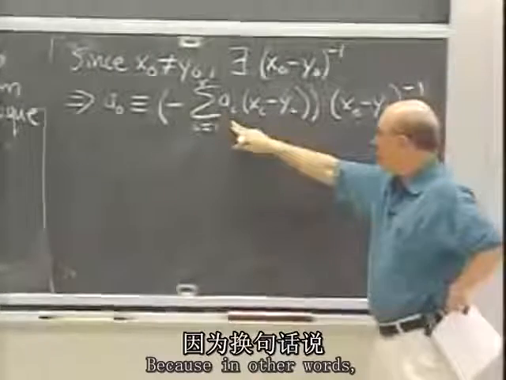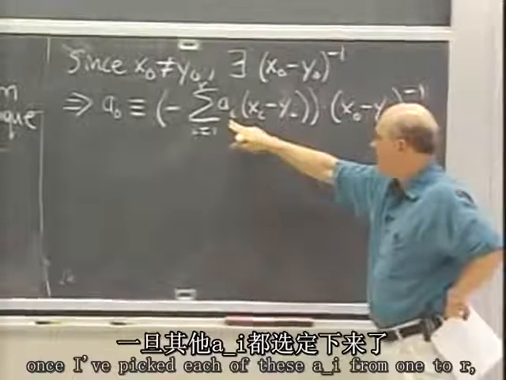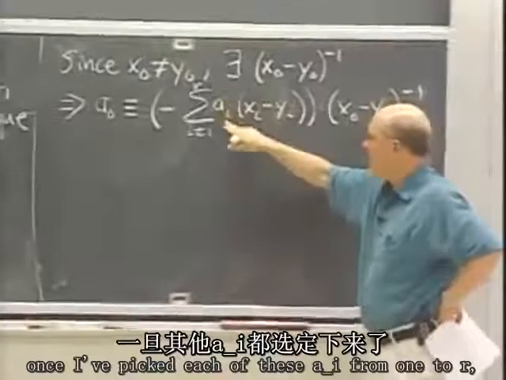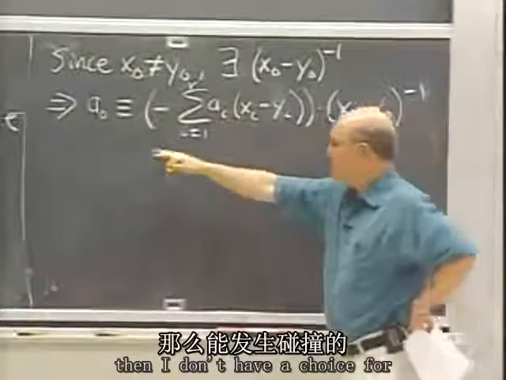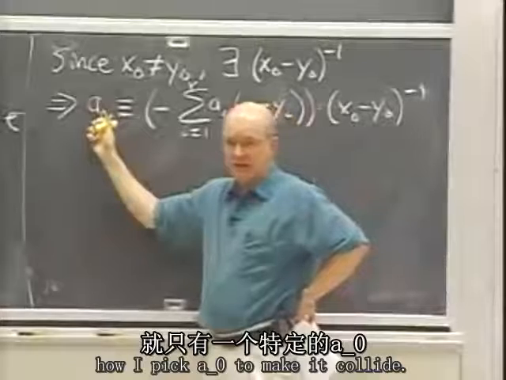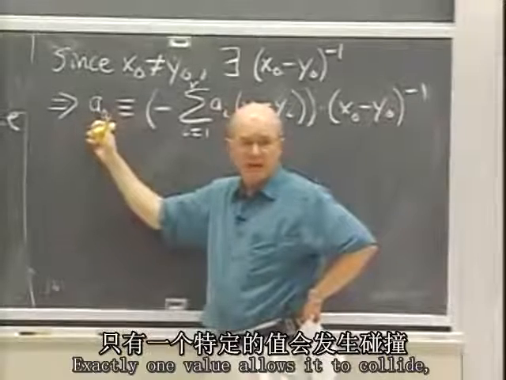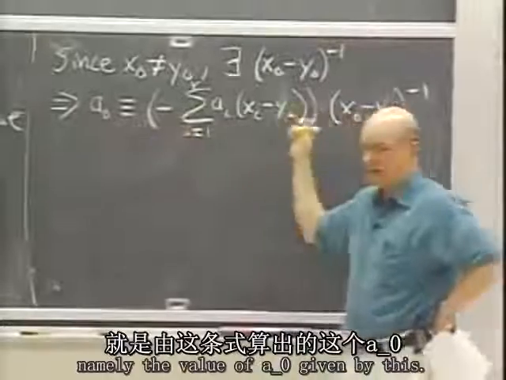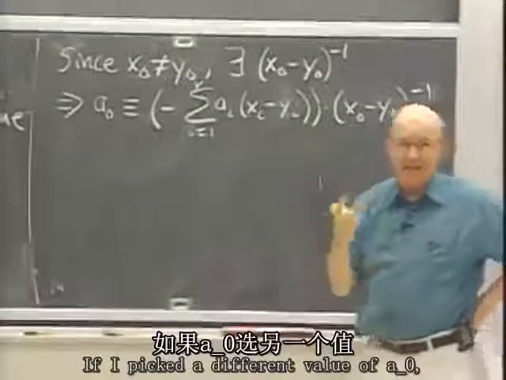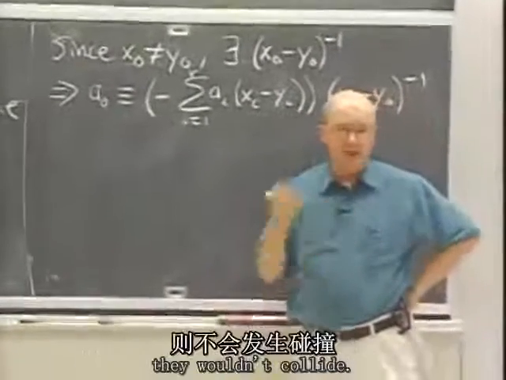In other words, once I've picked each of these ai from 1 to r, if I did them in that order, for example, then I don't have a choice for how I pick a0 to make it collide. Exactly one value allows it to collide, namely the value of a0 given by this. If I picked a different value of a0, they wouldn't collide.